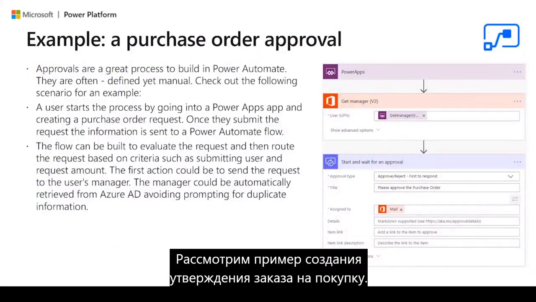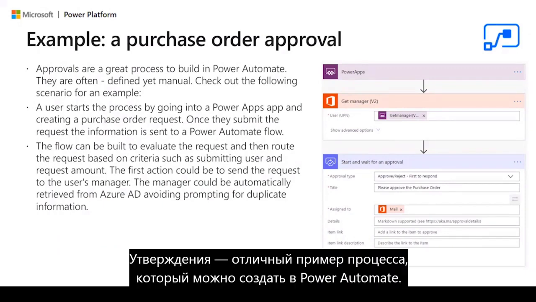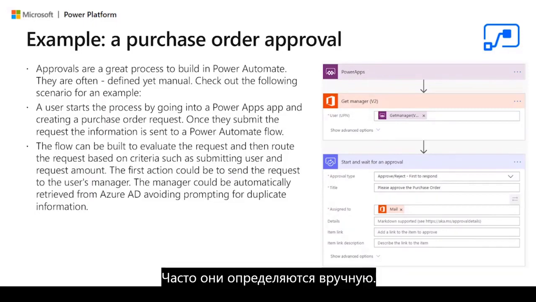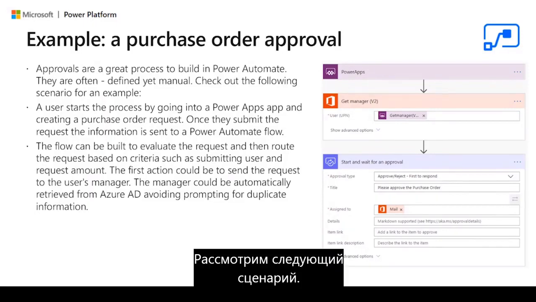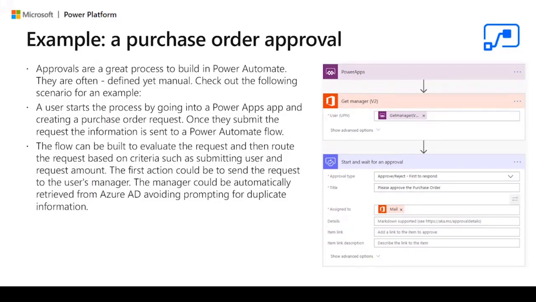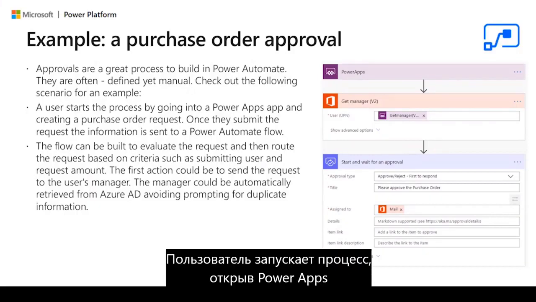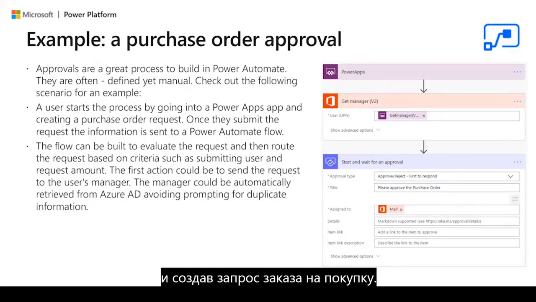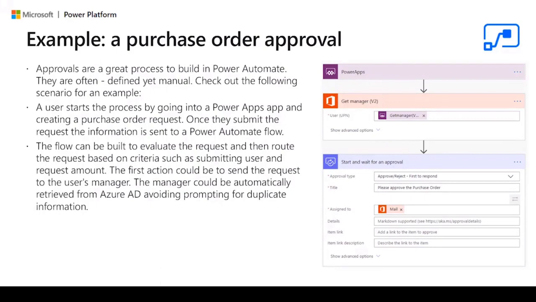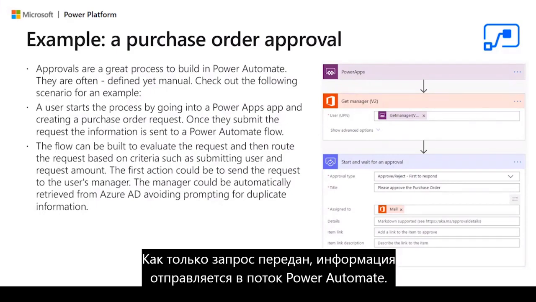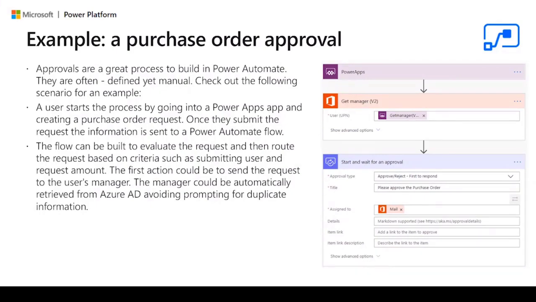So an example is, how would you build a purchase order approval? Approvals are a great process to build in Power Automate. They are often well defined yet manual. Check out the following scenario for an example. The user starts the process by going into a Power App and creating a purchase order request. Once they submit the request, the information is sent to a Power Automate flow.